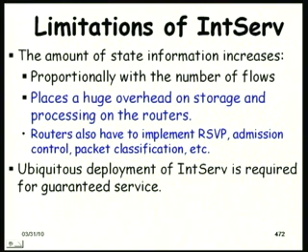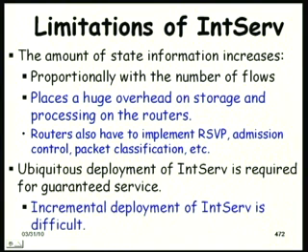To get all these things working on the internet any time soon looks difficult, and not only that, incremental deployment of IntServ is also difficult. Either you go for it fully or you do not go for it, right. So, IntServ has its limitations, and we have understood why it would be difficult to implement IntServ on the current internet and get it to support real time communications.